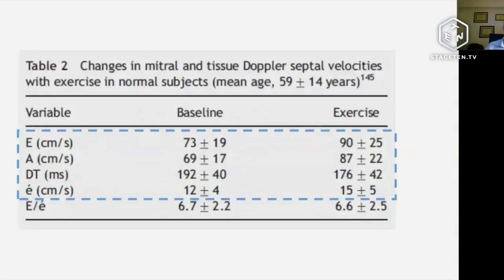So age is one concern, but even the same patient put under stress, so going to do exercise, there are lots of changes in most of the variables. Only the E/E prime ratio looks pretty much the same if the patient has got normal heart function, but the other parameters change significantly.